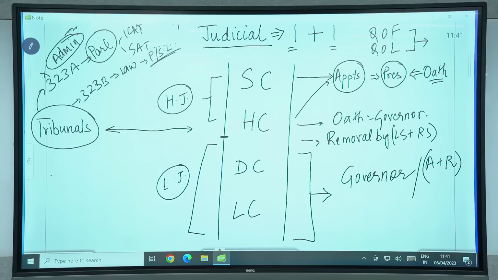In the last 4 to 5 years, what we have often seen is a constant reshuffling of tribunals. For example, one of the latest, 2-3 years ago, was when we abolished the cinematography tribunal.